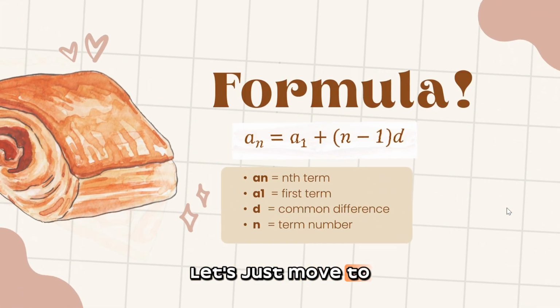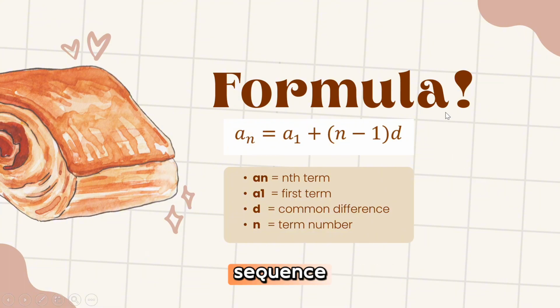Let's just move to the formula of arithmetic sequence. So to find a specific term in an arithmetic sequence, we use this formula. So an equals a1 plus n minus 1 times d.